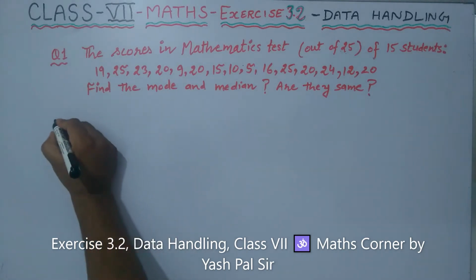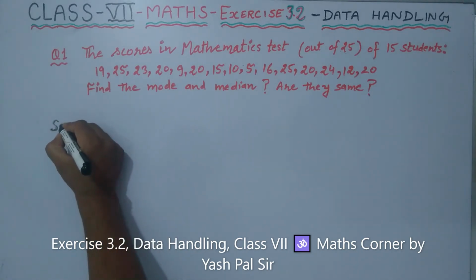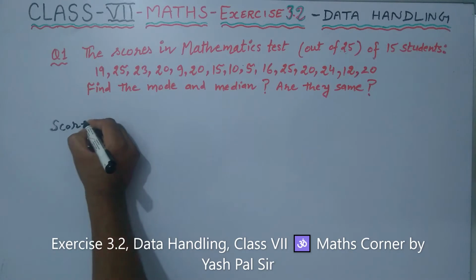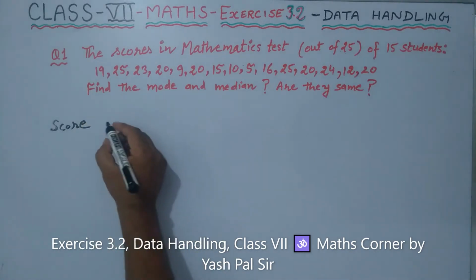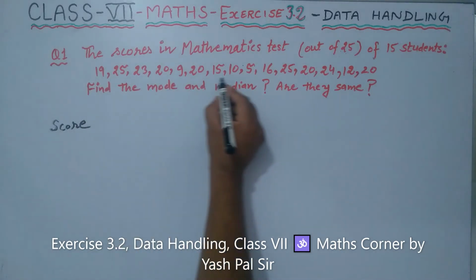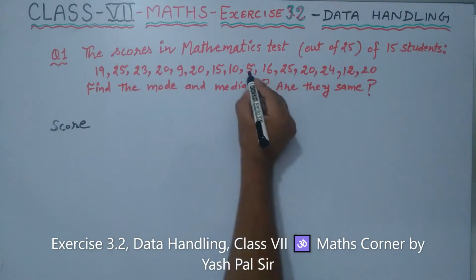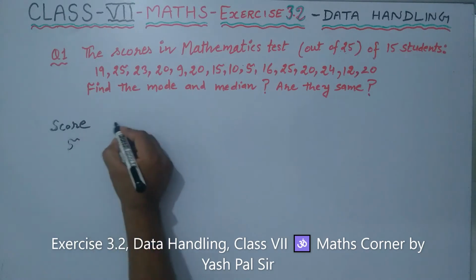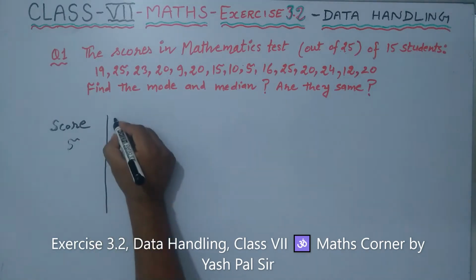First of all, we write here score. Scores are given. First of all, the smallest is 5, and then its frequency.